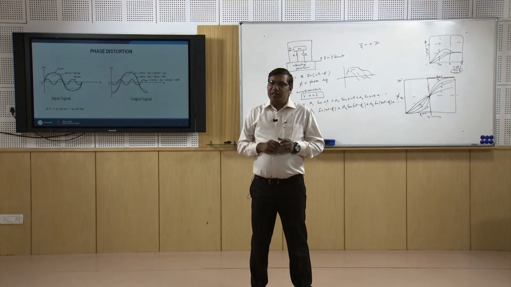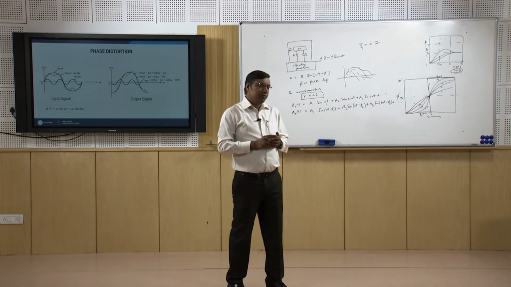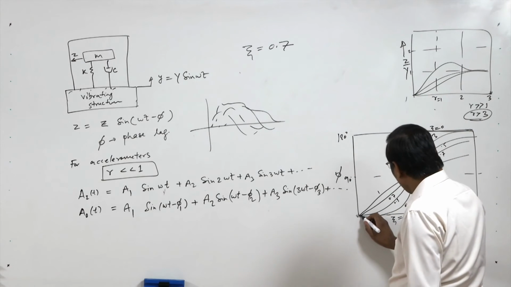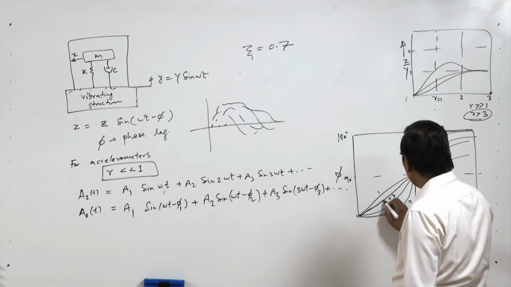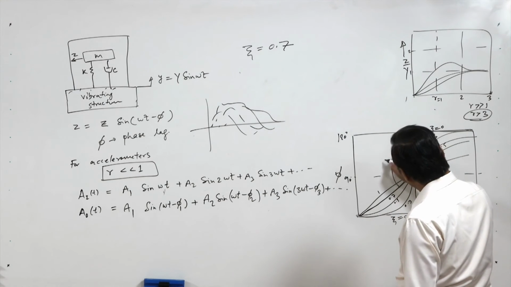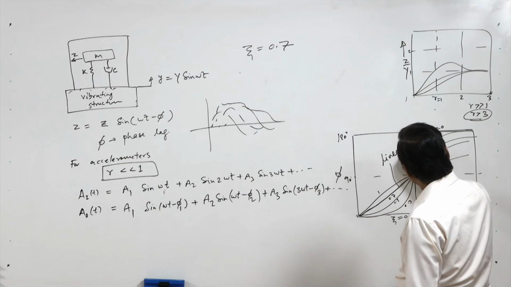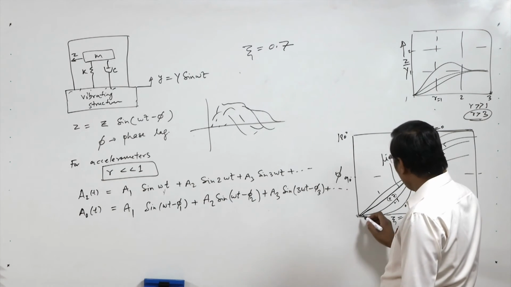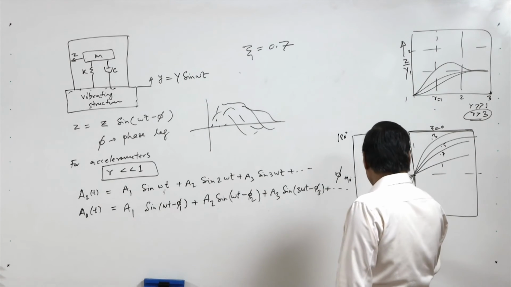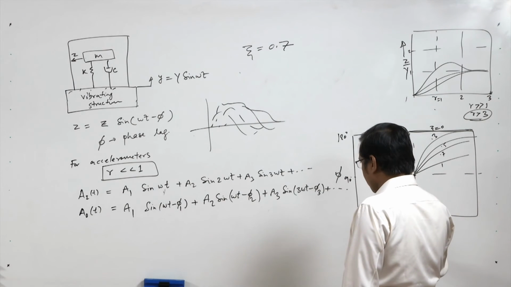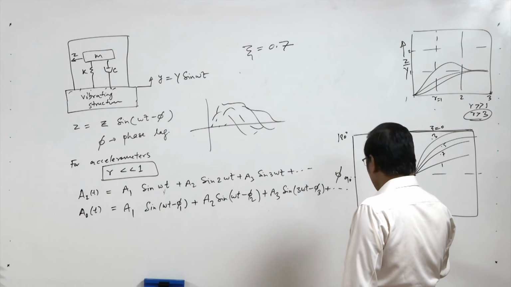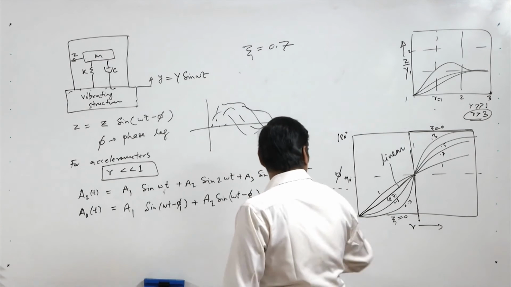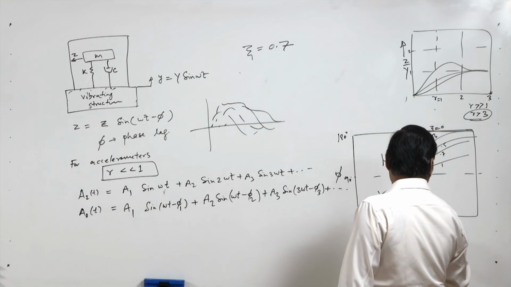If we see the phase lag or phase curve, for zeta equal to 0.7 in this range, the curve is approximately linear. Here r is equal to omega by omega n.